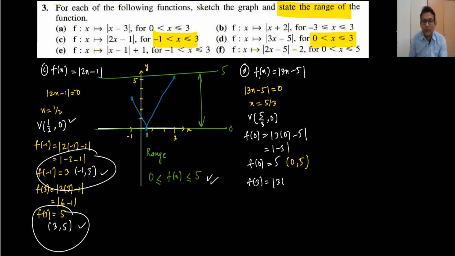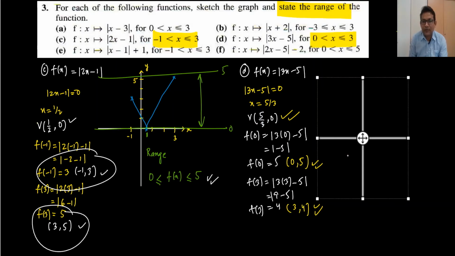So 3 times 3 minus 5 is 9 minus 5, which is 4, and it remains positive. So the coordinates are 3 comma 4. Sometimes mistakes are possible because I do questions in a hurry, so I'm sorry for that, but take only the positive values.